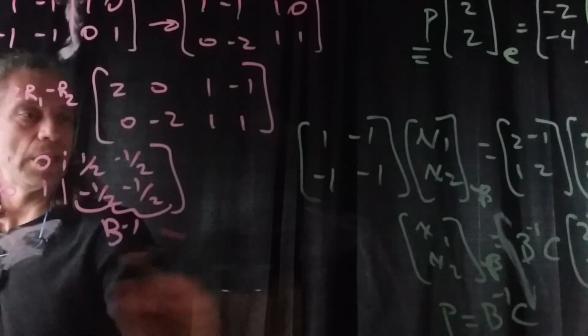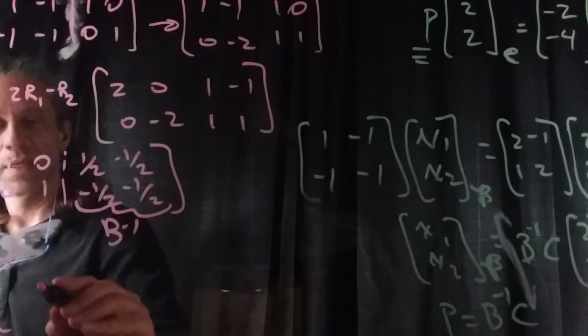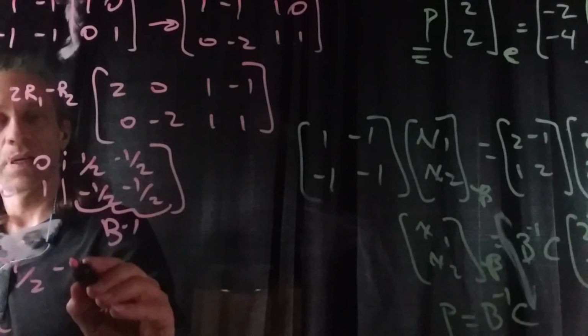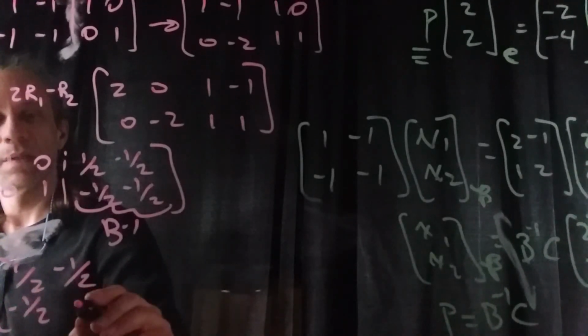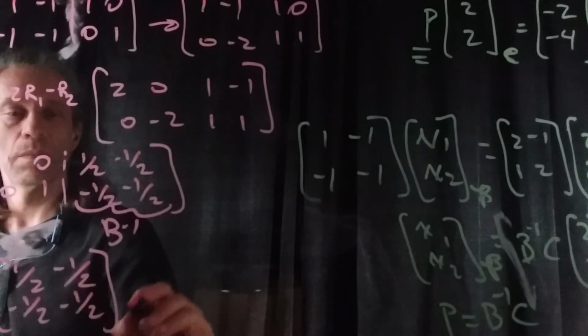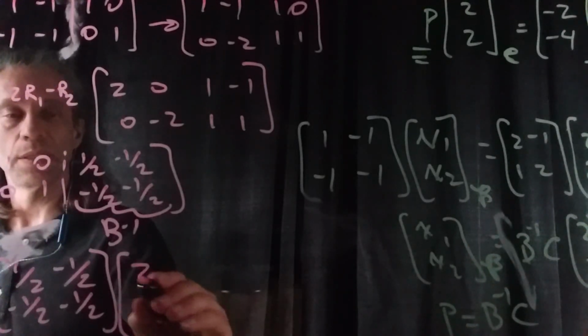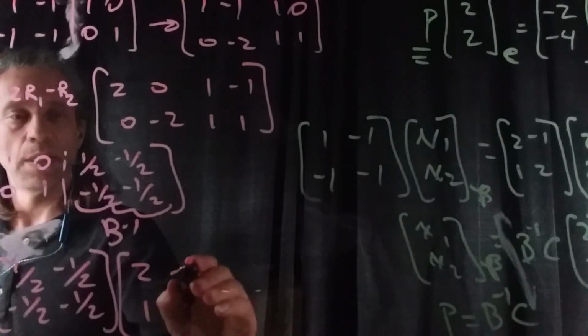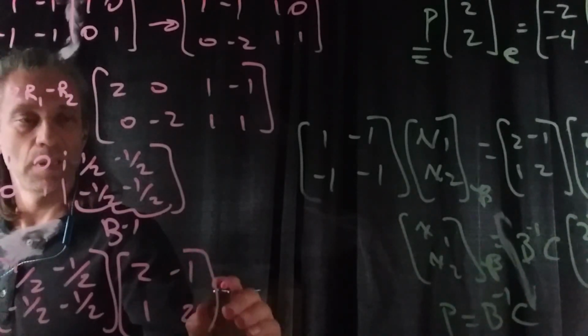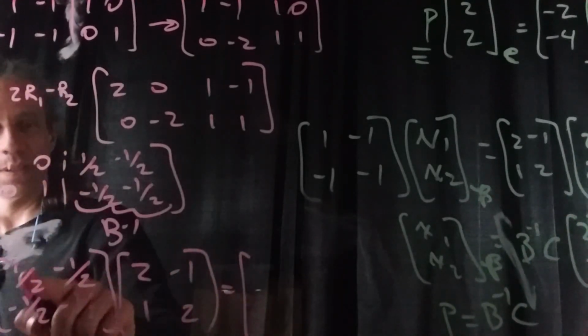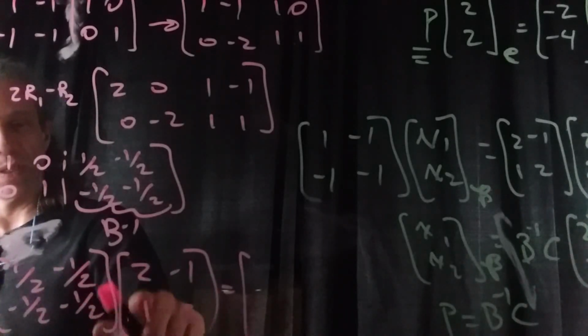And so if we multiply that by C, as prescribed over there, times C, which was 2, 1, negative 1, 2. That's 1/2 times 2, that's 1.